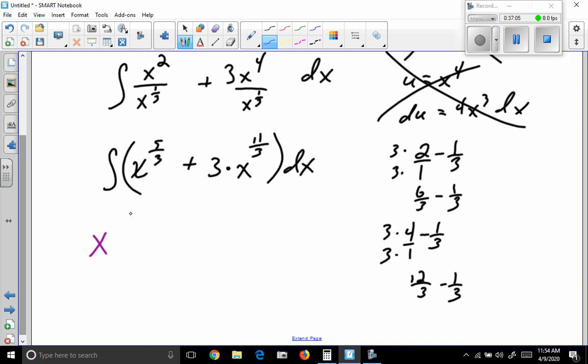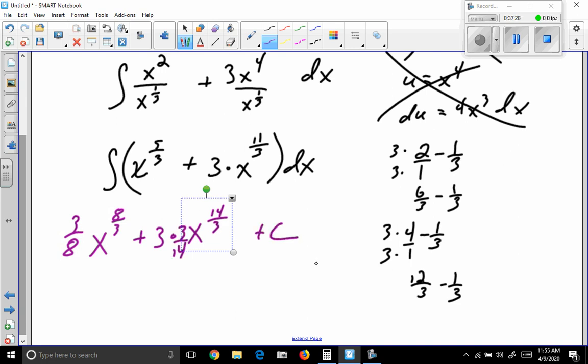If we add 3/3 to that, that would be x to the 8/3 over 8/3 plus 3 times. If we do this x to the 1 bigger power, we would be adding 1, or 3/3. So that would be x to the 14/3 over 14/3, then plus c.